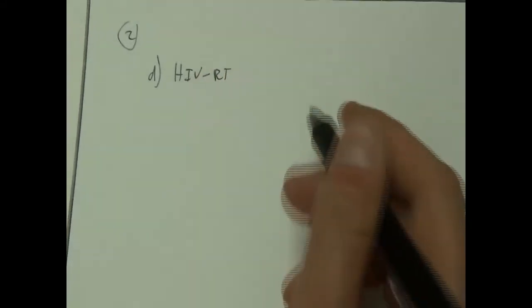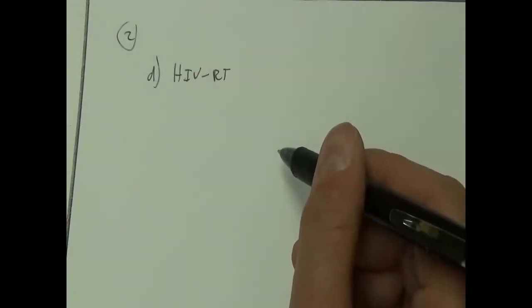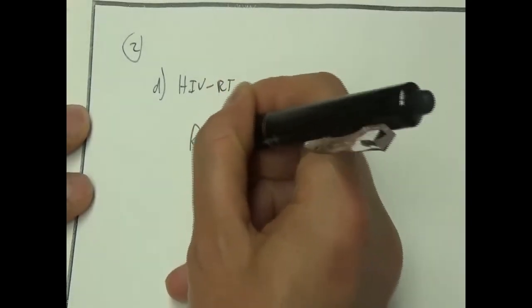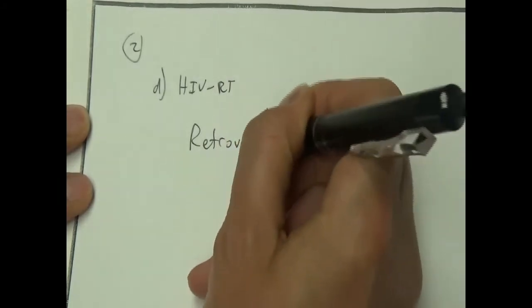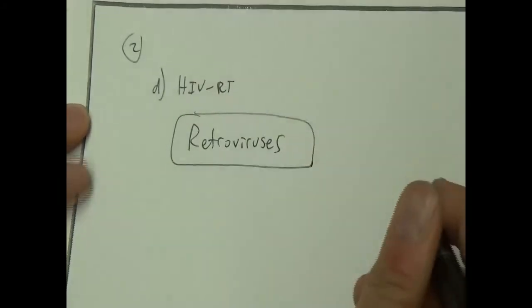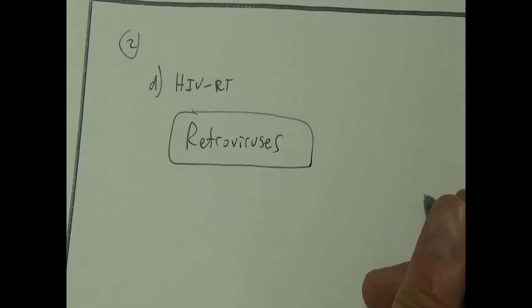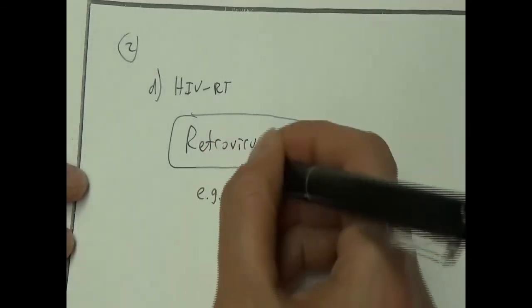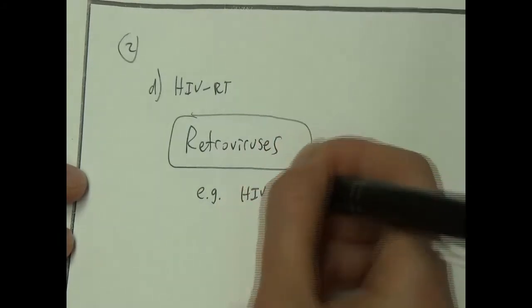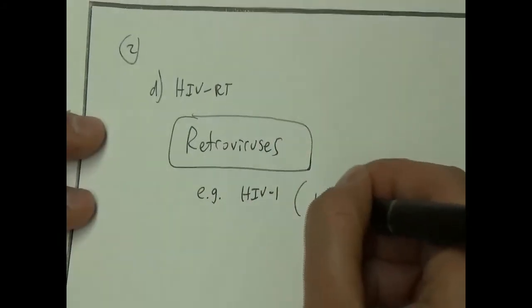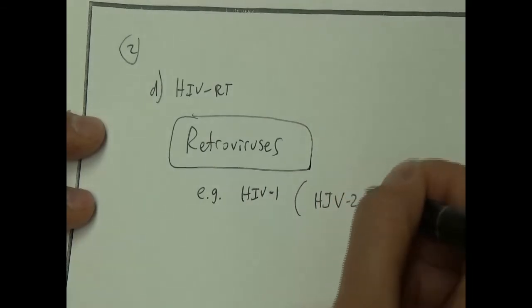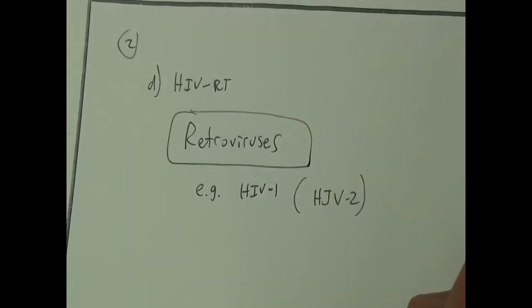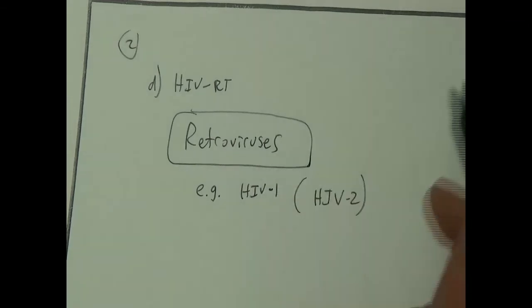Then I'll show a cartoon diagram of the different HIV drug targets. So retroviruses, and the key examples are HIV-1, which is the human pathogen. There's also HIV-2, which is more of a primate thing, and so HIV-1 is the one that we usually associate with AIDS.